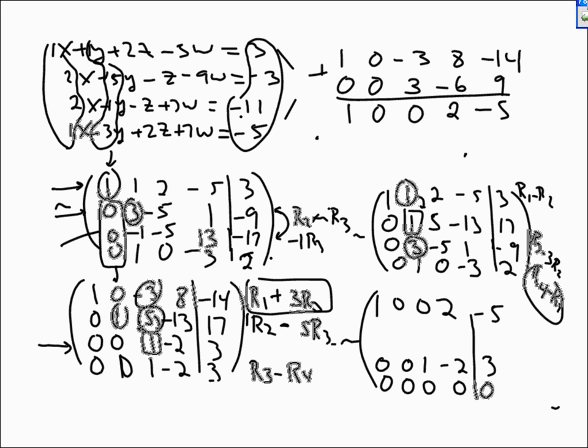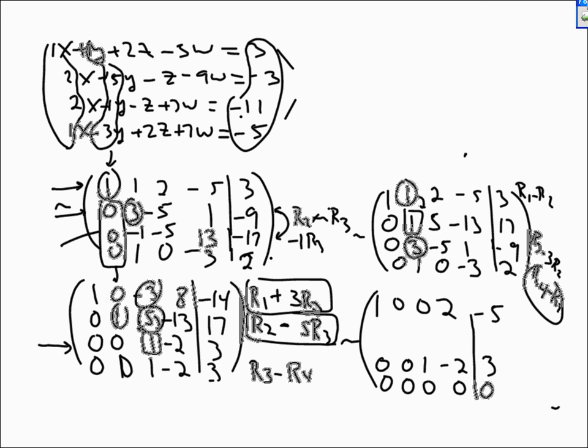Now I want to do row 2 minus 5 row 3s. So let's make some more space. Let's do it.